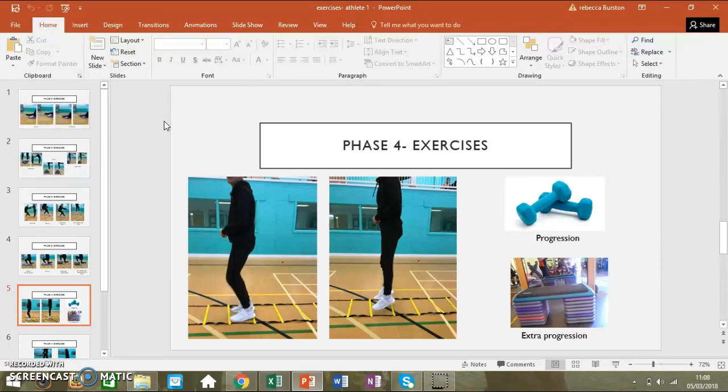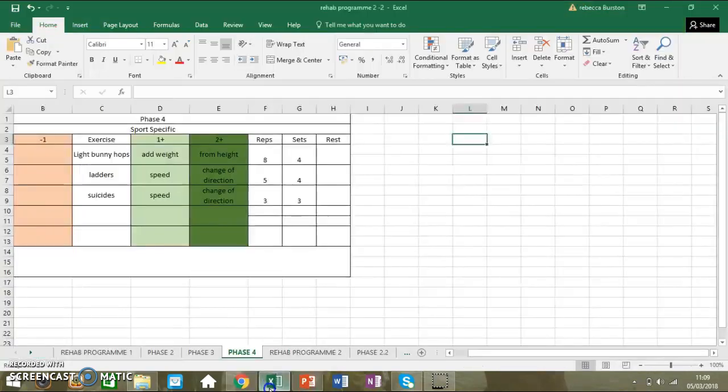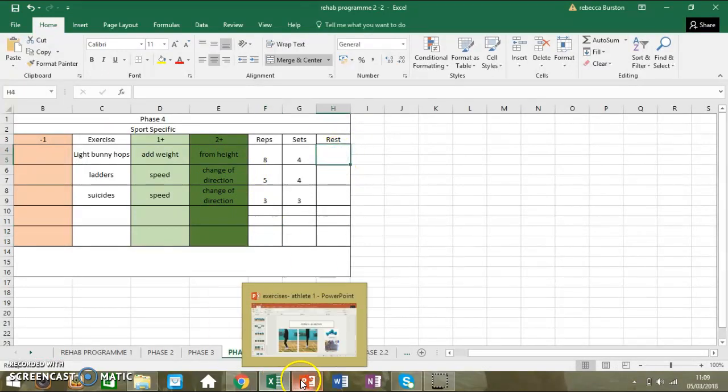However, to strengthen the tendon, weights can be added, and then to progress even further, he can jump from the floor onto a box and then back down to the floor and keep repeating this. And this will be done 8 reps, 4 sets, and then he can have like 10 seconds rest in between each set.